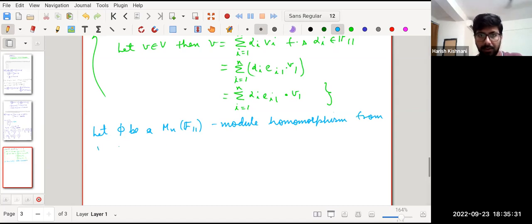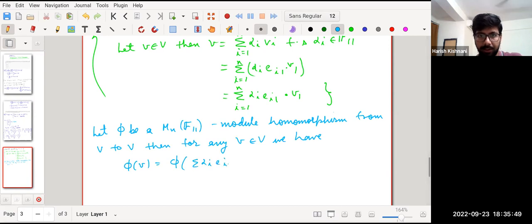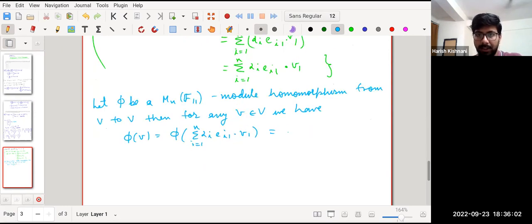Then for any v in V we have phi of v to be just phi of the summation of alpha i e i1 for i equal to 1 to n, dot v1. As it is a module homomorphism, you can take this scalar out. Your scalar in this case is matrices, matrices from Mn(F11).